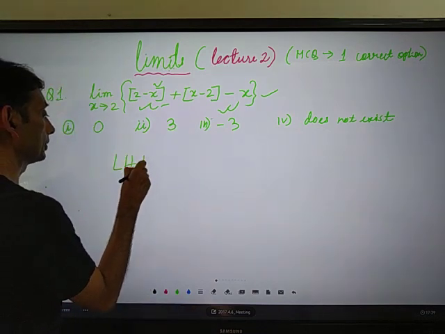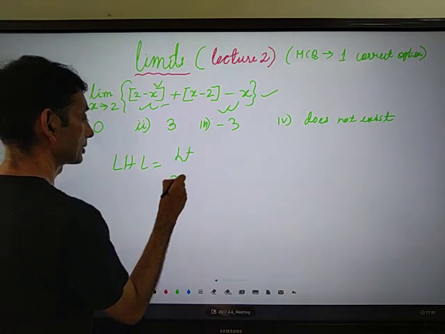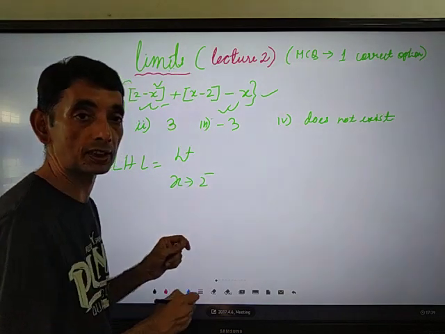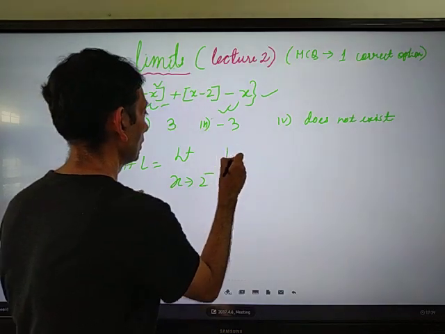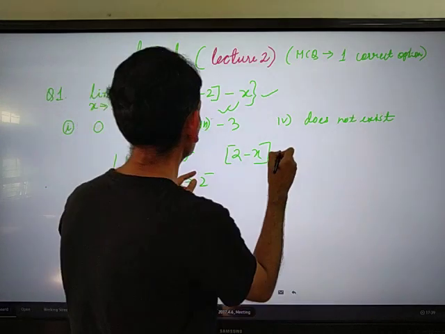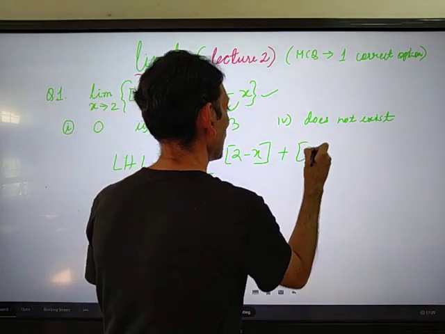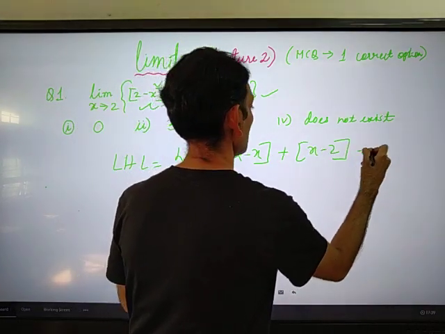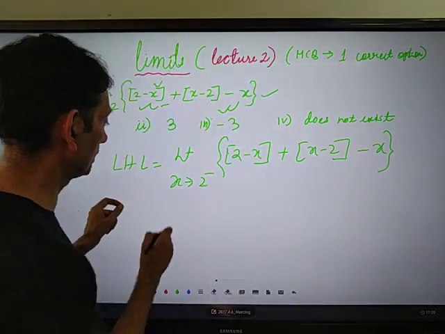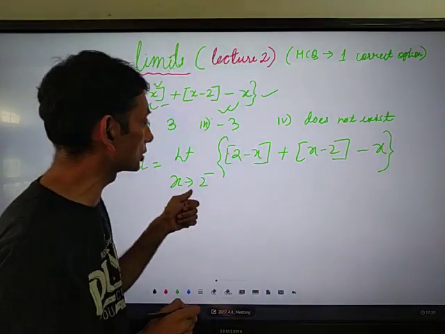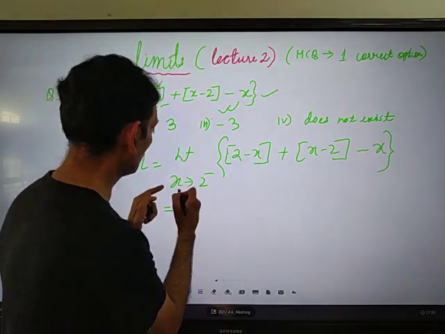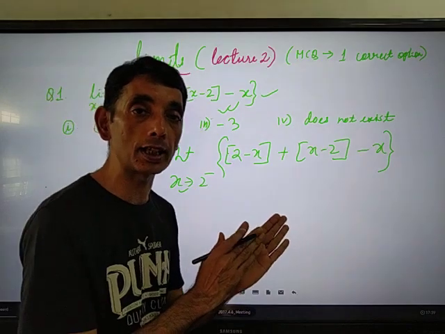Left hand limit: limit x tends to 2 minus. Remember, you are approaching 2 from the left hand side. The function is the greatest integer of 2 minus x, plus the greatest integer of x minus 2, minus x. When x approaches 2 from the left hand side, the value of x will be slightly less than 2.